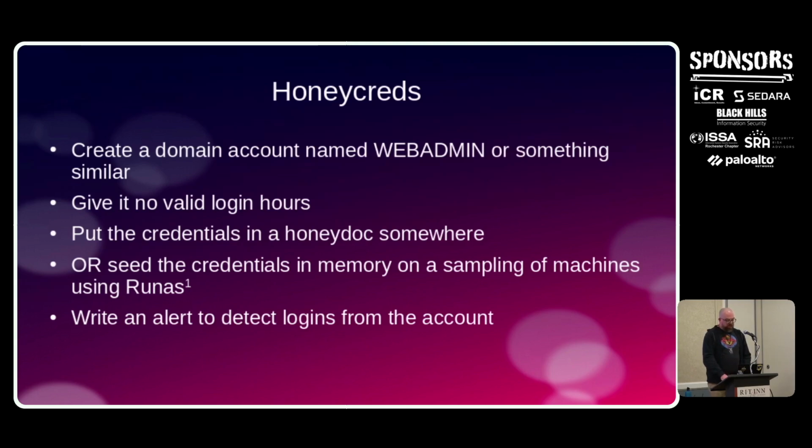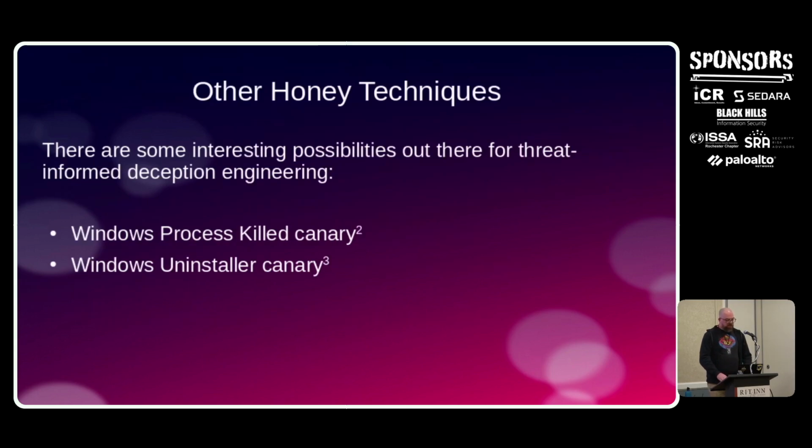Two more that I found when I was doing some research for this talk. These both came from NCC Group, which I thought was interesting. These were honey techniques built off of threat intelligence that was being used in the wild. One was the Windows process killed canary, which watched the service and process table in a Windows server and alerted when a certain number of services were killed.